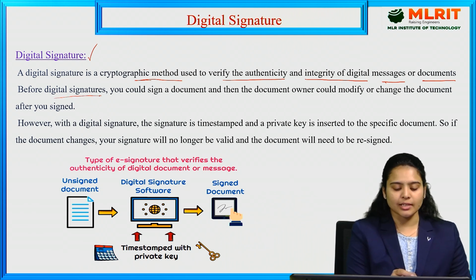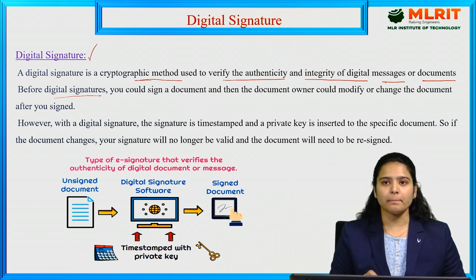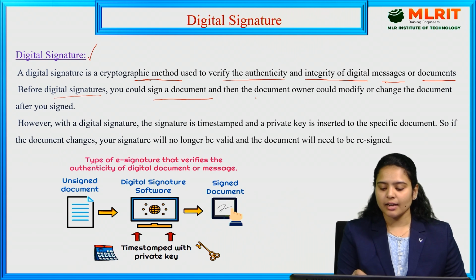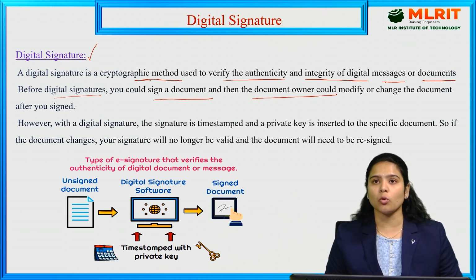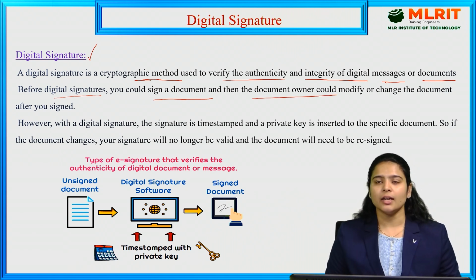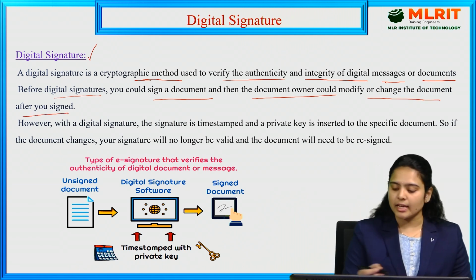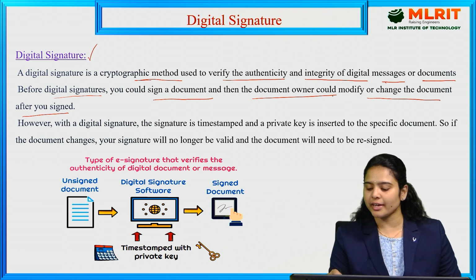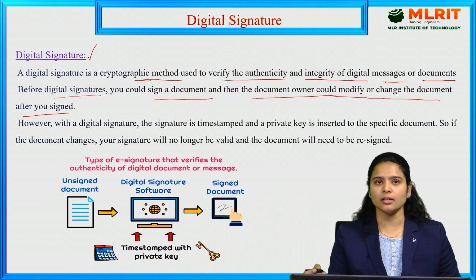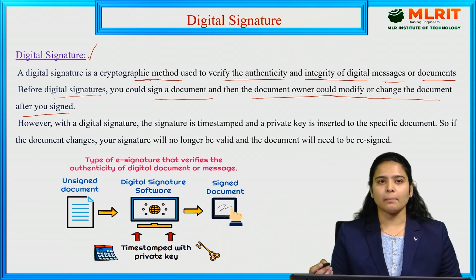Before digital signatures, a document would be completely signed, and then the document owner could modify or change the document after the completion of the signature. That is solved by a digital signature.